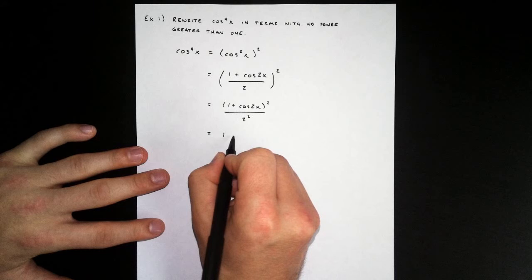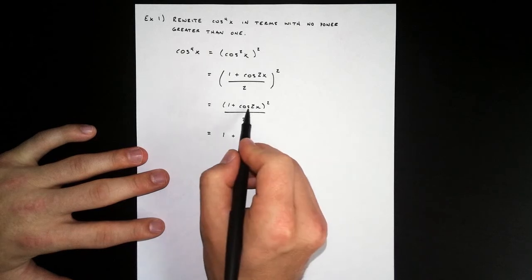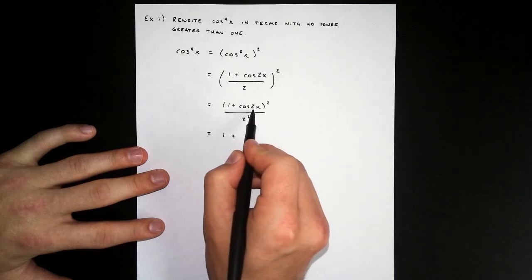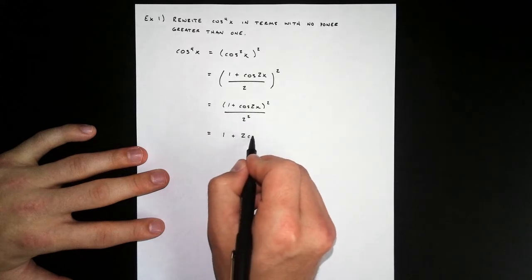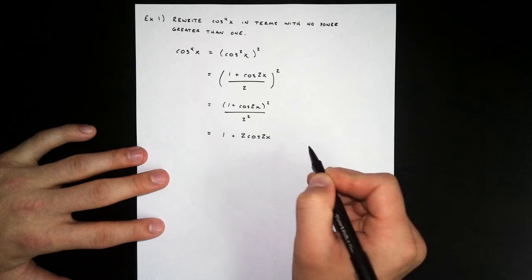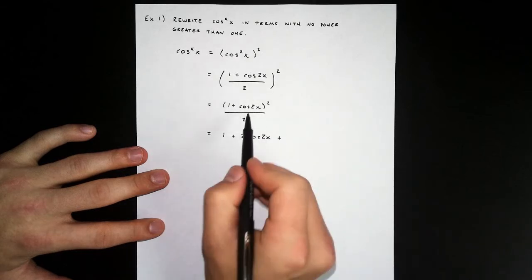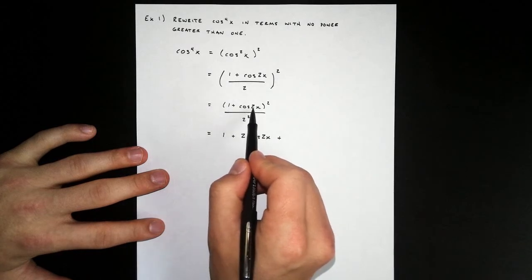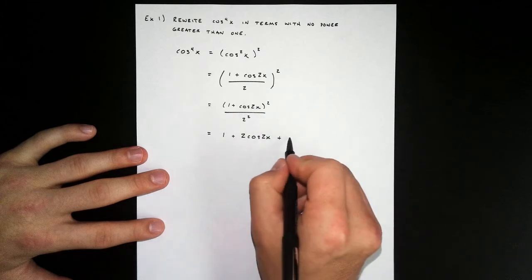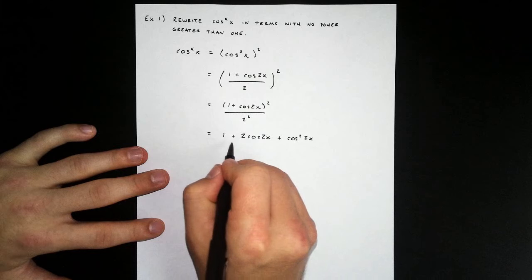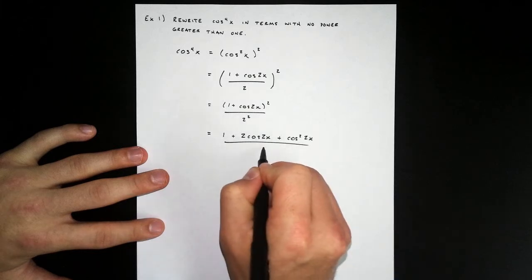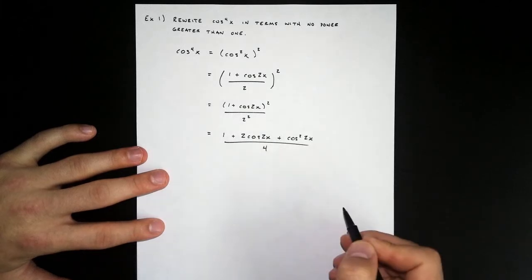So 1 squared. In the middle would be cosine 2x plus another cosine of 2x, so that's 2 cosine 2x. And then lastly, this is going to be the cosine of 2x times itself, so the cosine squared of 2x. And that is all over 2 squared, which is 4.